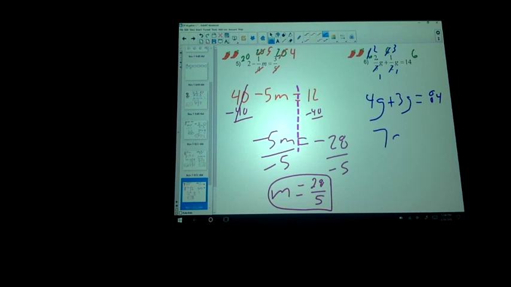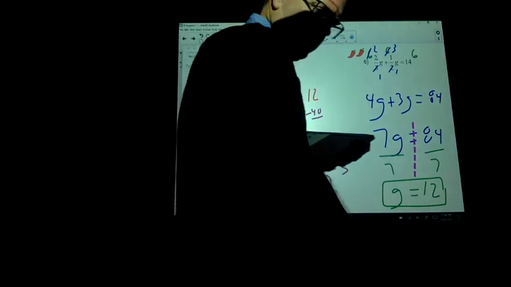So then I get 7g equals 84. How can I get g all by itself? Divide by 7. So g equals 12. That's it. What do you think? Clearing denominators isn't the worst thing out there, is it?